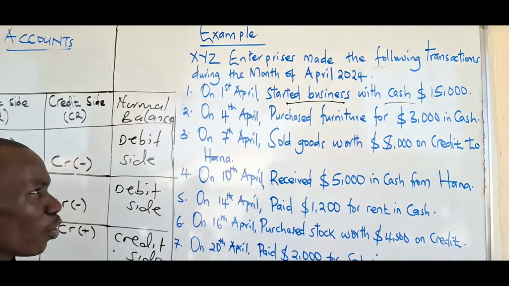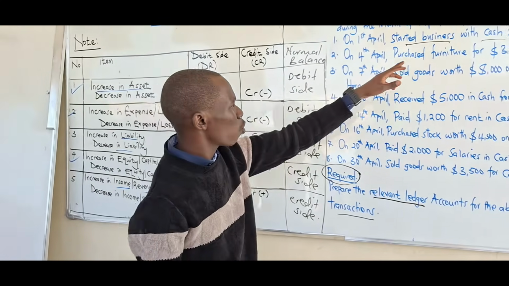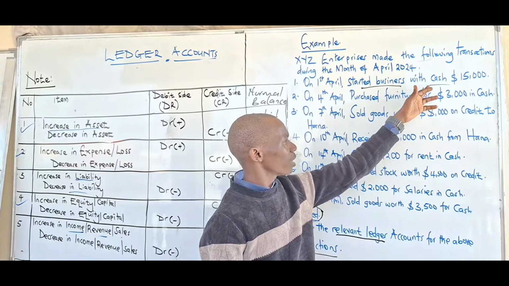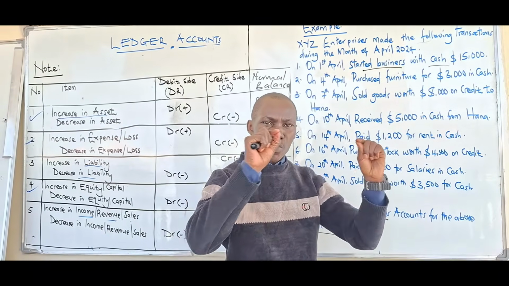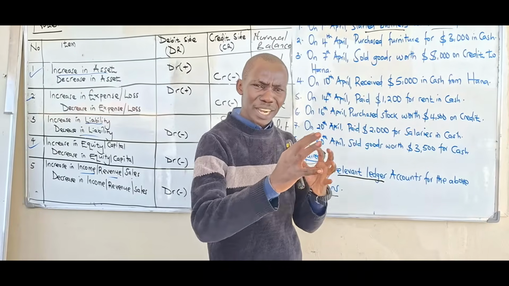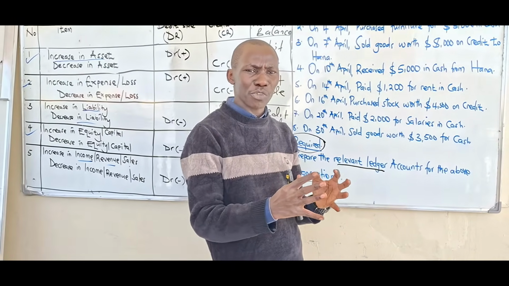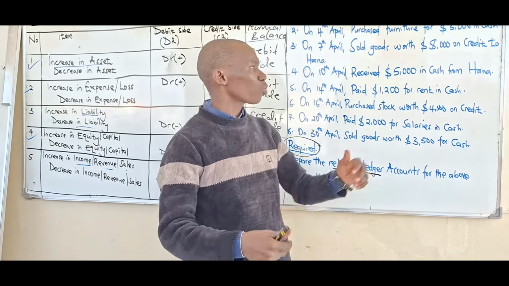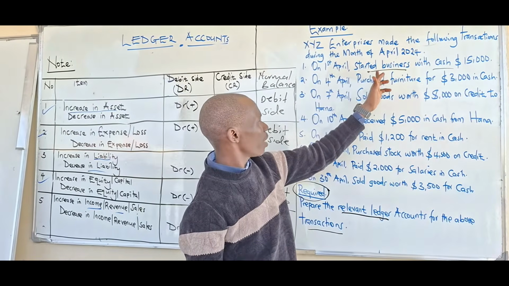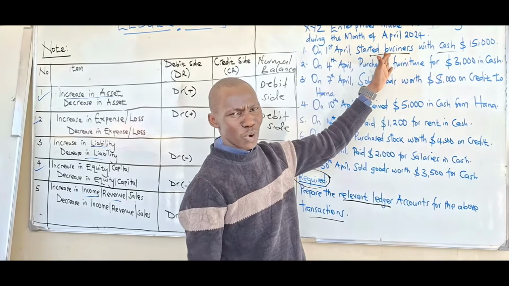You get the point? Now here we have two accounts which are visible. One, we have cash, it is direct, that is the cash account. You draw that account called cash account. Anything regarding cash, involving cash movement, either coming in or going out, we shall record on that account for cash. Then the money used to start the business has turned into capital.